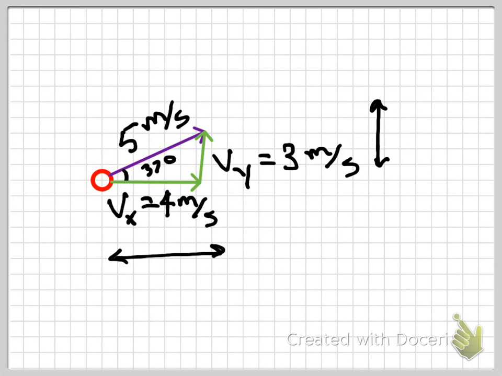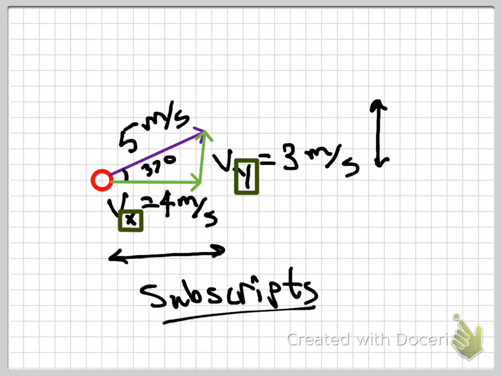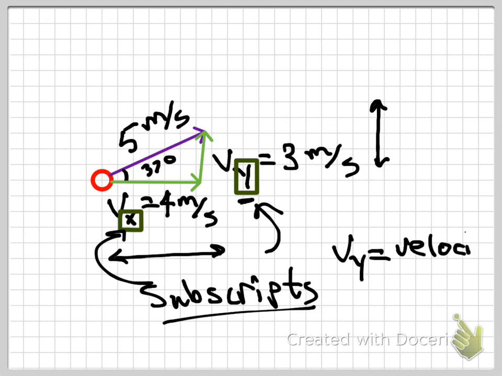Okay? So what these things mean right here, box them, okay, these are called subscripts. They help specify exactly what type of velocity we're talking about. So if you have a y next to your velocity, Vy, that means velocity in the y direction.